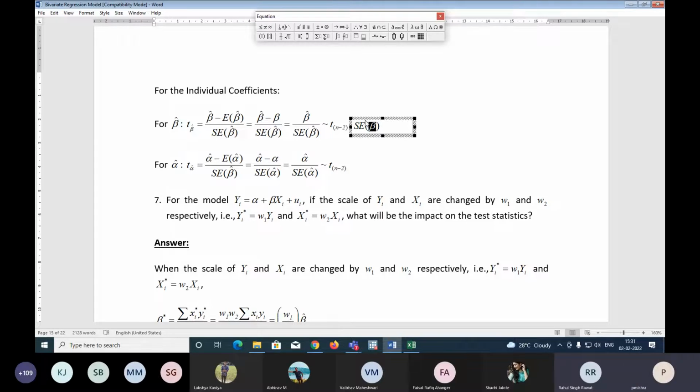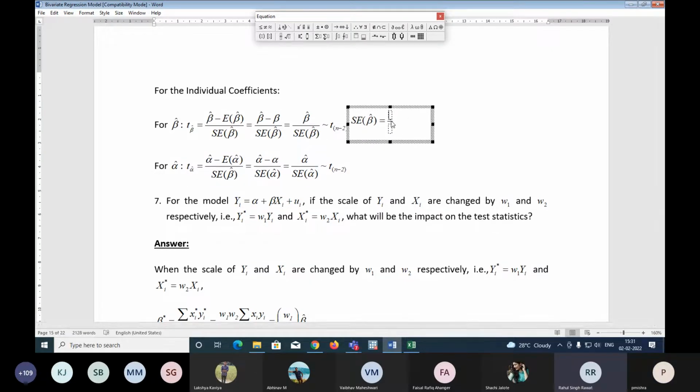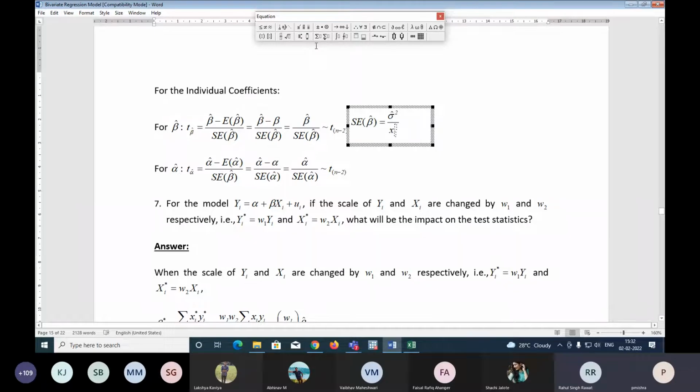Standard error of this beta hat is equal to sigma hat square divided by summation of small xi square. Am I right?